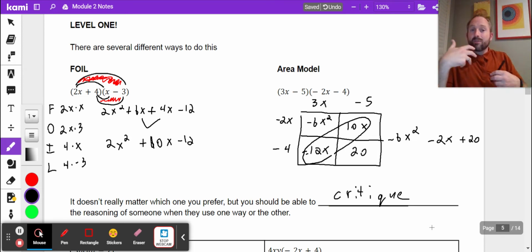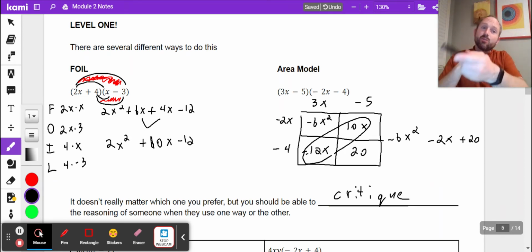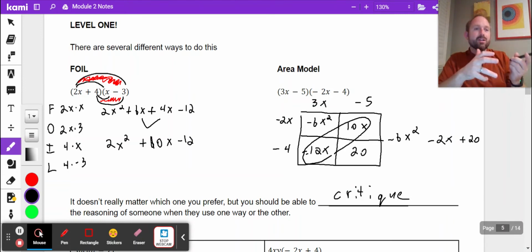So if somebody makes a mistake, you could look at it and be like, oh, you skipped a step. Or you could look at another one and be like, hey, why did you do that? And if you don't understand what they're doing, go ahead and stop them and ask them. Be like, hey, can you explain that one part? I don't get it.